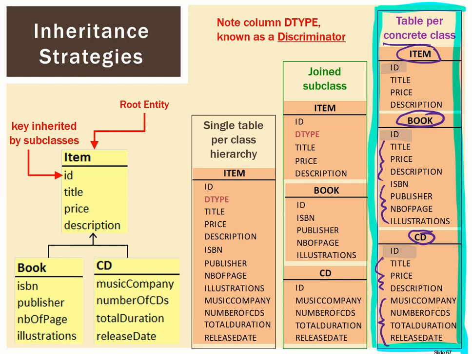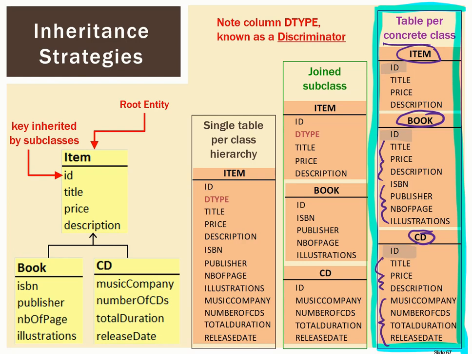Then the table per concrete class model is not a bad one. But if I have to work at the superclass level a lot, where I want to see books and CDs as part of my query results in the same query, then the table per concrete class model becomes very expensive.